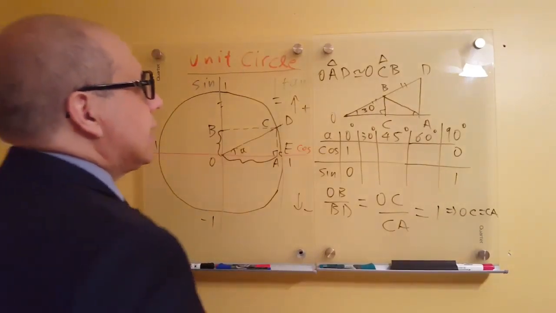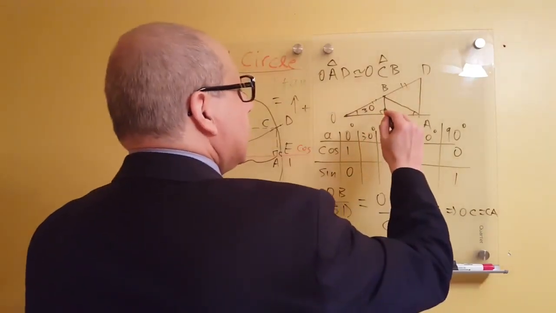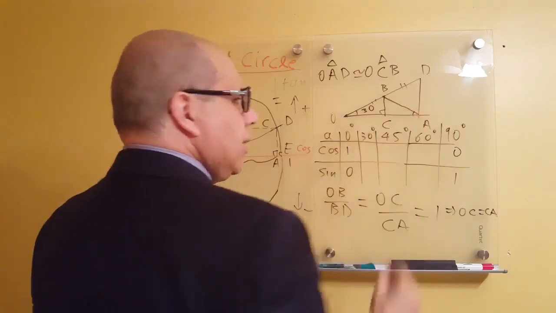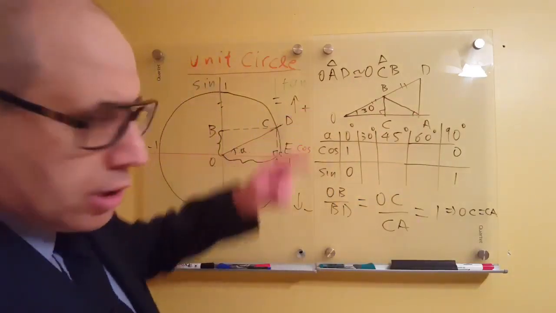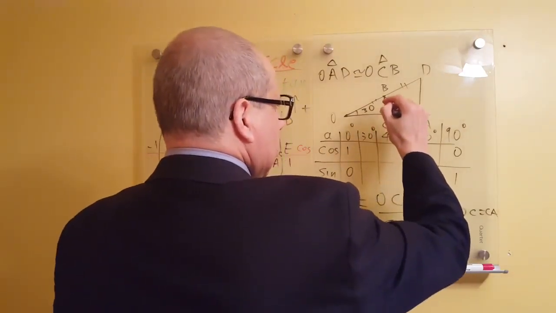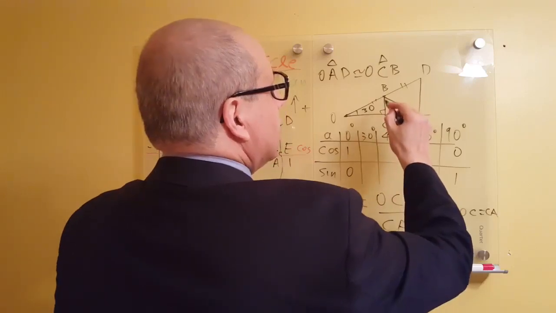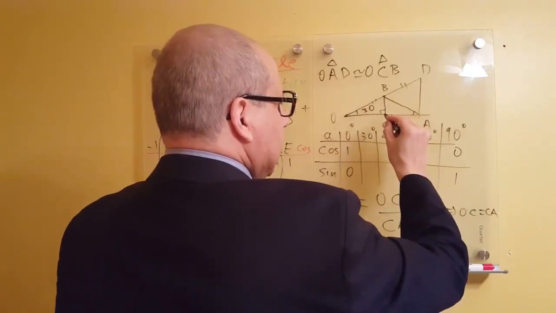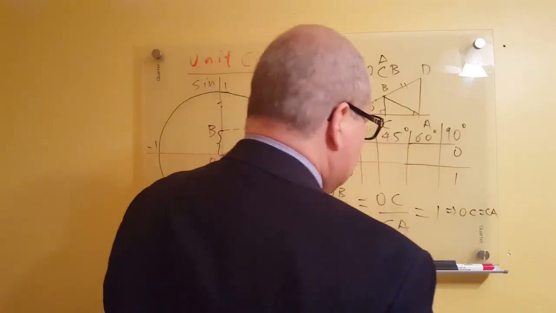So that means that this triangle here, the OBA, it's an isosceles triangle. Why is it isosceles? Because this line here, the OC, is a height and also intersects at the middle of the OA.